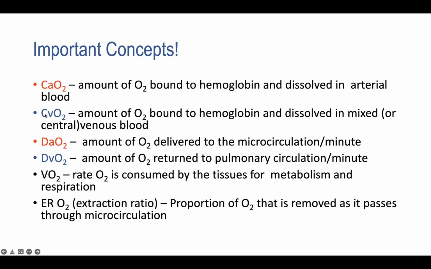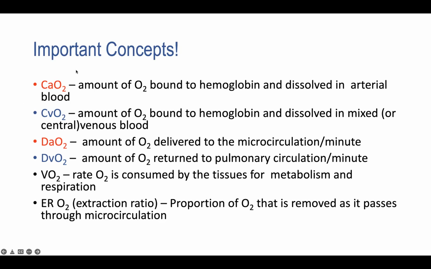CvO2, big C means content, and of course V is venous: the amount of oxygen that is bound to the hemoglobin and dissolved in the mixed or central venous blood. So your SvO2 and your PvO2, that's all. No one's asking you to calculate it. You put your numbers into your bedside monitor, it'll calculate it. You put your numbers into your flow tracker, your EV1000, it will calculate it for you. You don't need to calculate it.